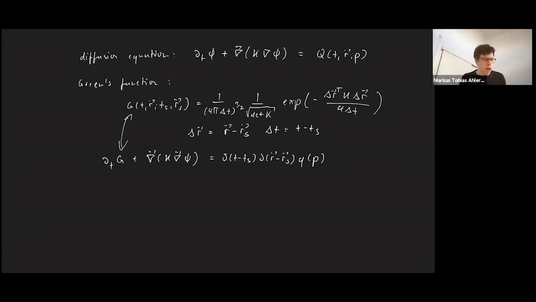And if we, for example, now look for a simple setup where I say I have a source which is located at rs equals 0, and the source is given an impulse of cosmic rays at times ts equal 0.